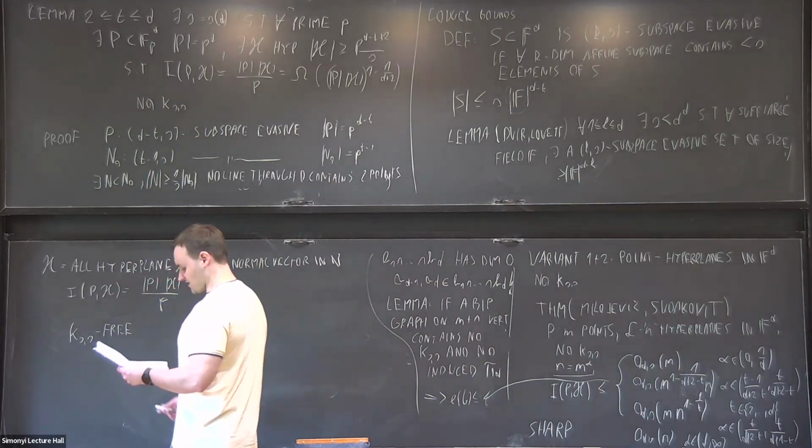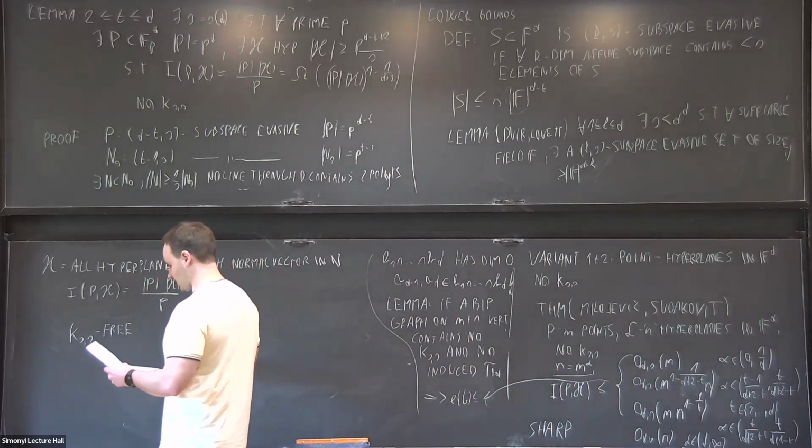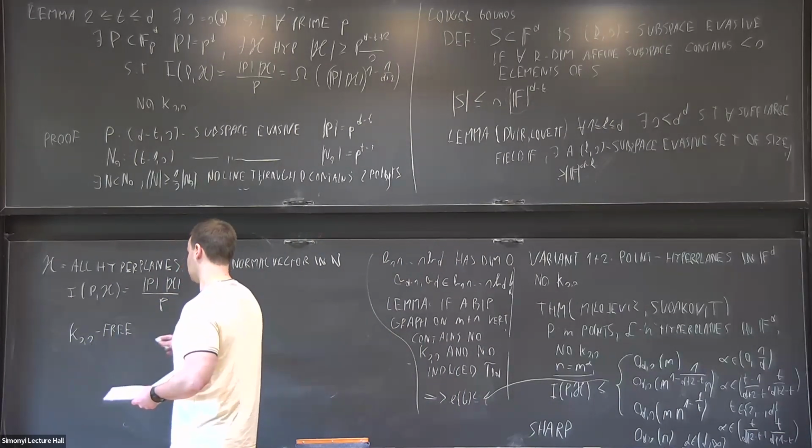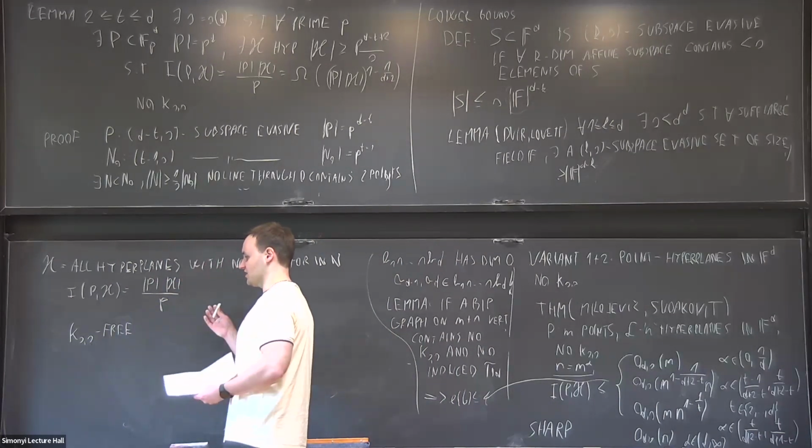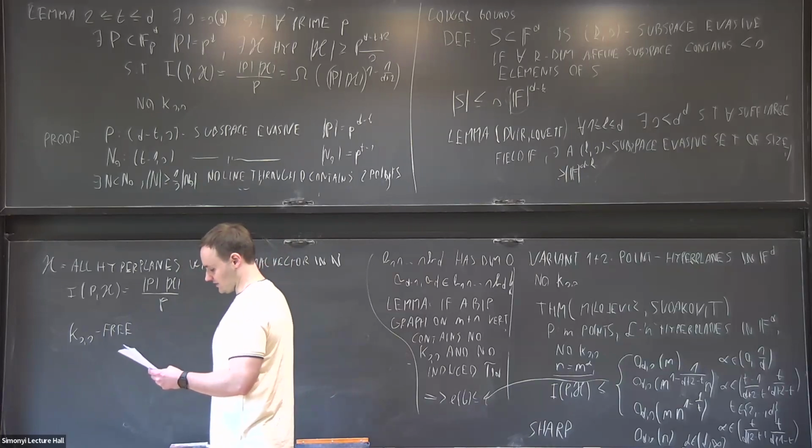So we show that it's KSS free because suppose that it's not, it means that there exist S points and S hyperplanes such that all the incidences are there between them.